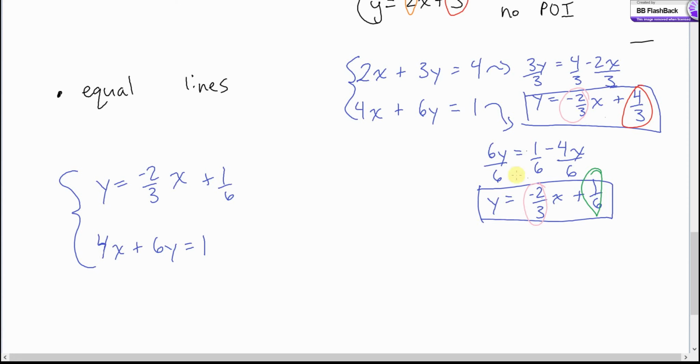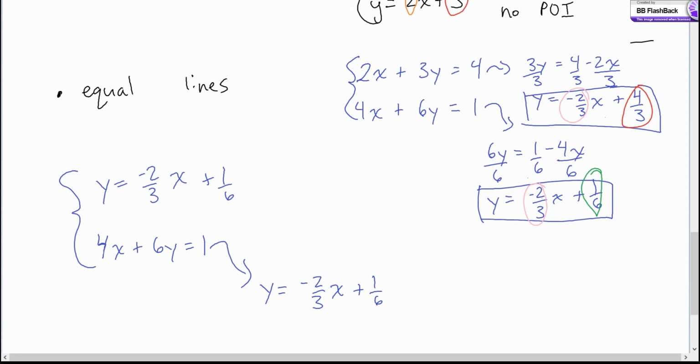We know from the work that we just did over here that this line is equal to y is equal to negative 2/3 x plus 1/6, because we just did the work. I'm just stealing the same equation to make life easier.